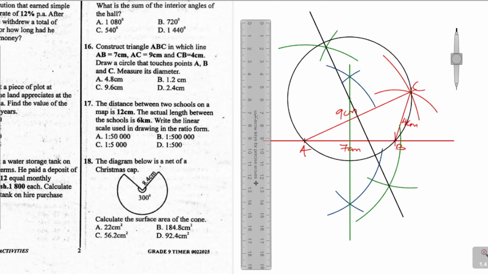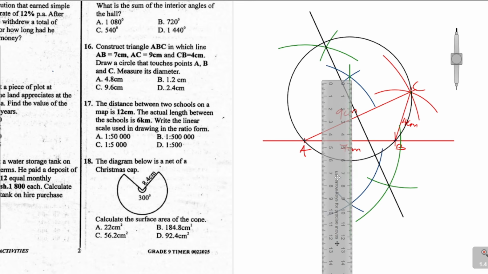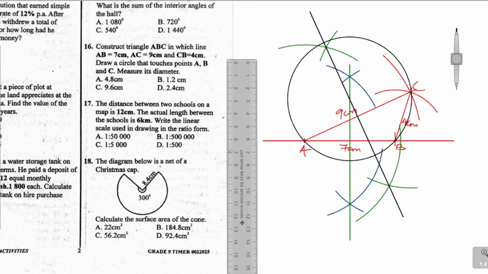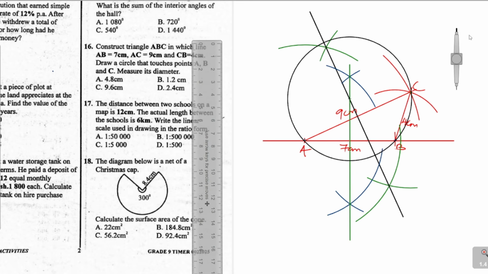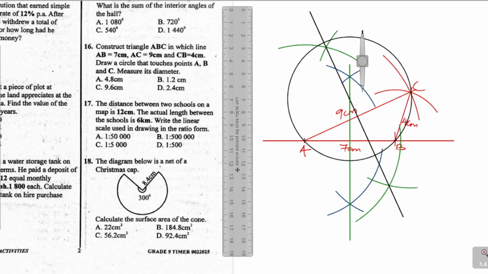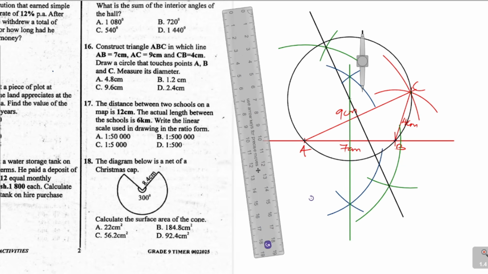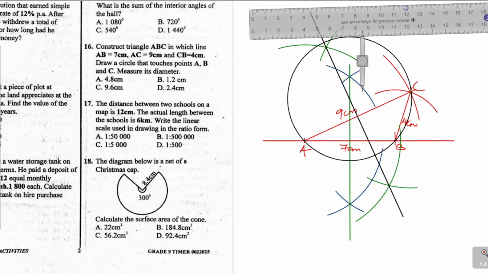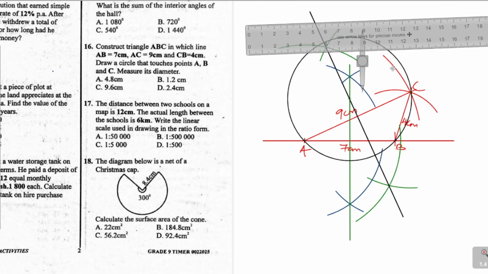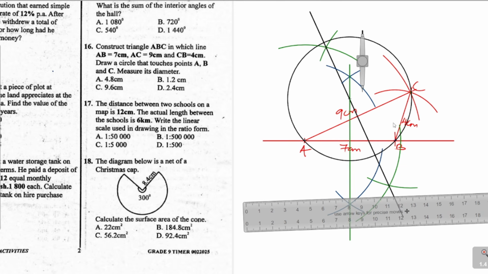You're supposed to measure the diameter of that circle. Remember, whatever I've used to draw is the radius. So with that, I can simply come to the ruler here. You can measure it directly, or because I've not changed anything, my pair of compass has the radius.